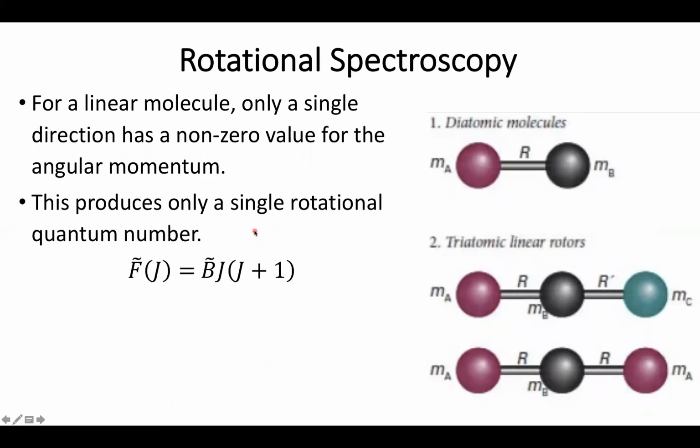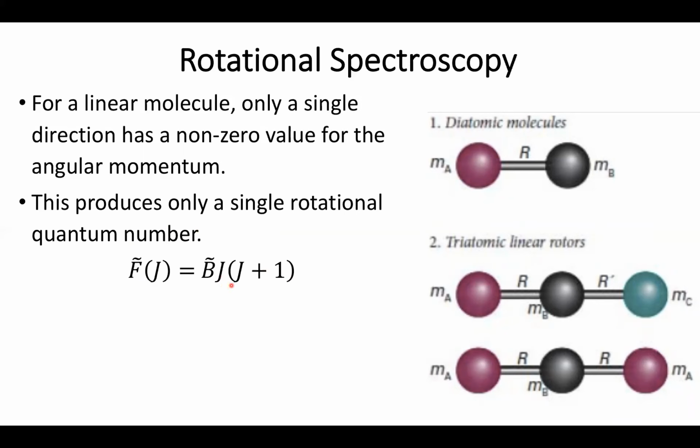What ends up happening, if you walk through the math, is it produces, again, a single rotational quantum number, but functionally our equation doesn't change. Since the x and y directions completely dropped out, my total angular momentum was entirely the angular momentum in that z direction, so that also became J squared.